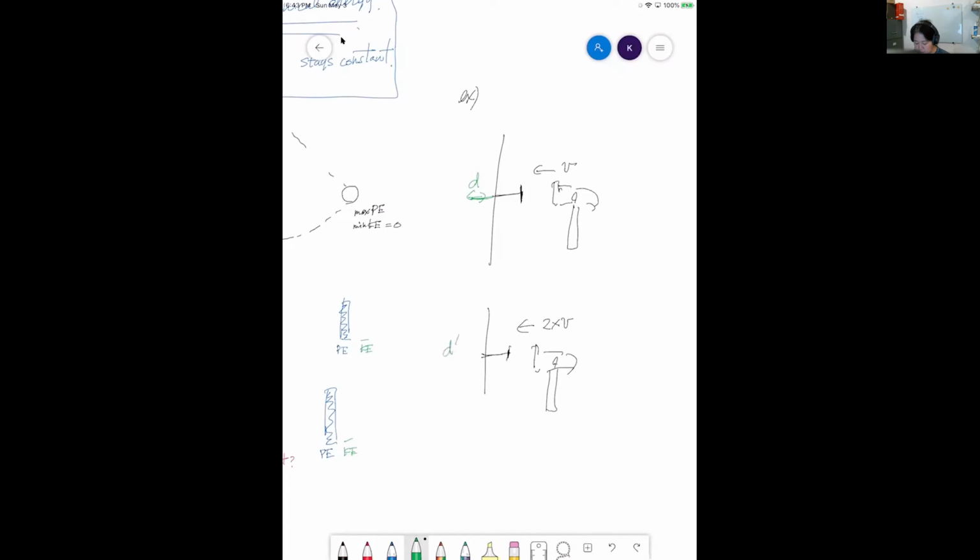How much is D compared to D prime? If I bang the nail with double the speed, how much deeper does the nail go in? Explain this.